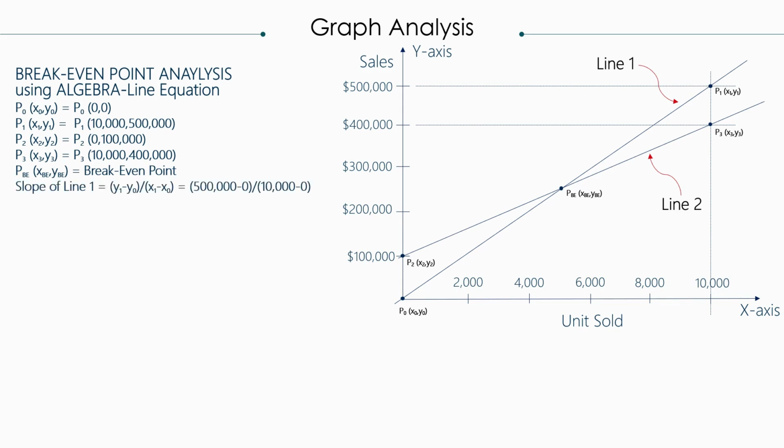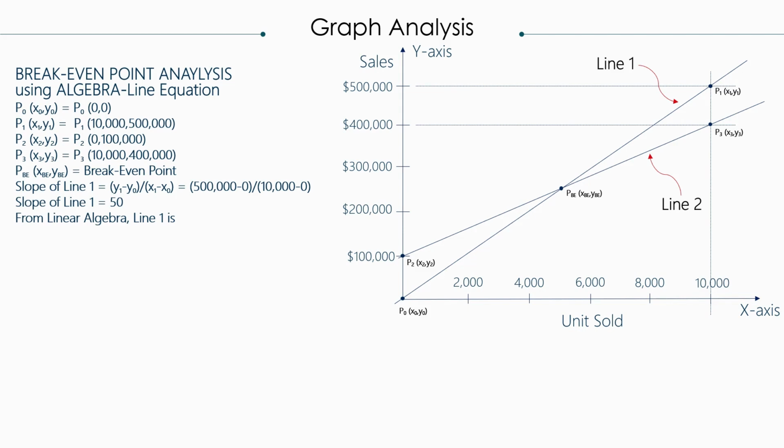In linear algebra, we first find the slope and then create a line formula. For the slope of line 1, it is the vertical height over horizontal length, that is 500,000 over 10,000. So the slope of line 1 is 50.